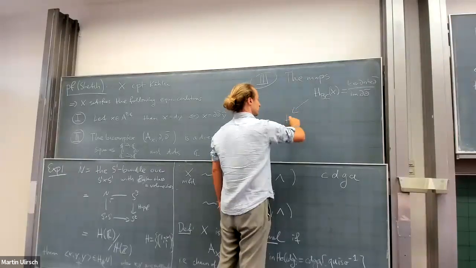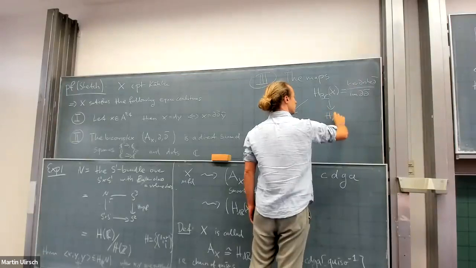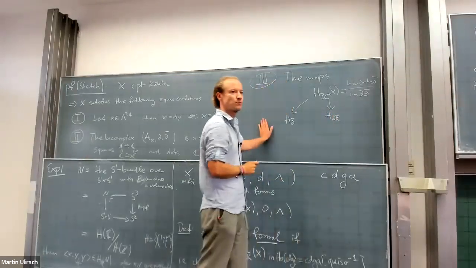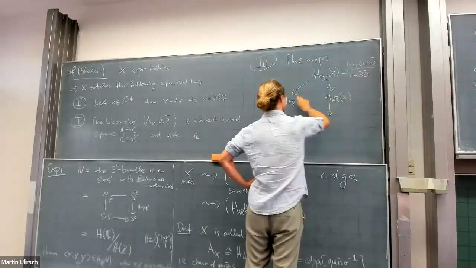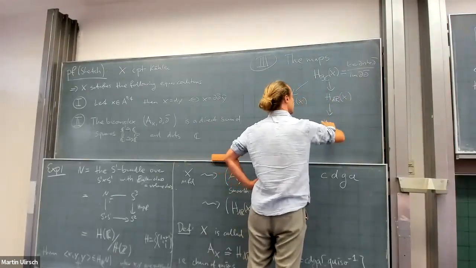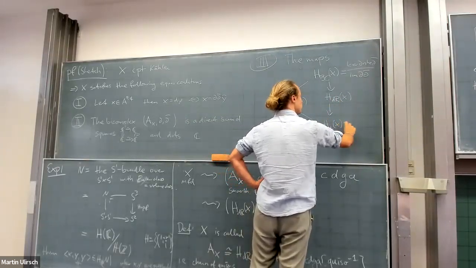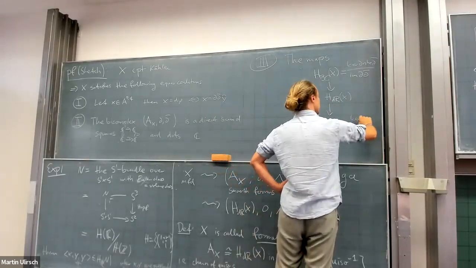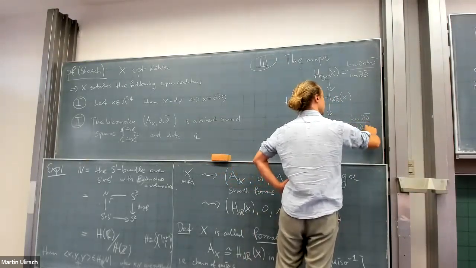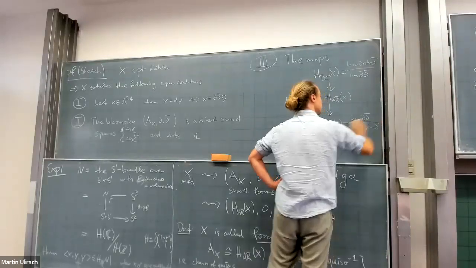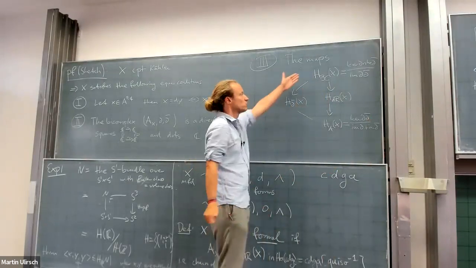This has well-defined maps to Dolbeault cohomology and also to de Rham cohomology. And this again maps to so-called Aeppli cohomology of X. This is the kernel of del del bar modulo the image of del plus the image of del bar.